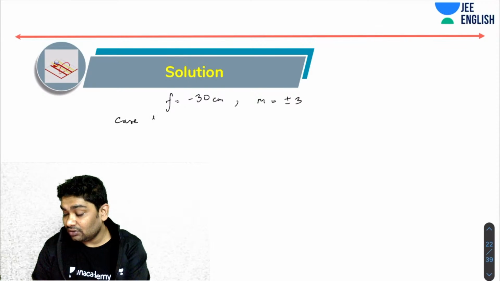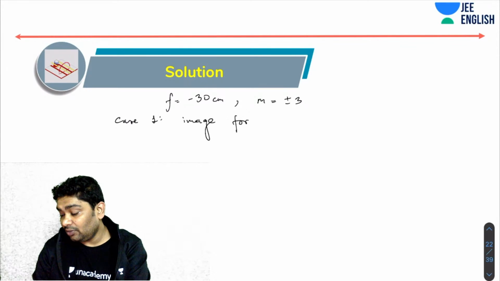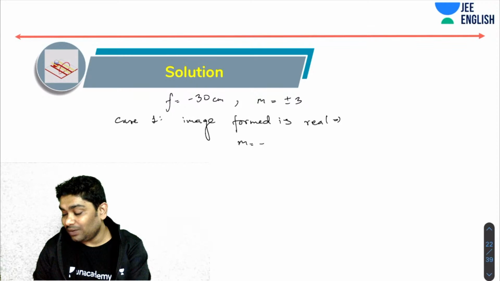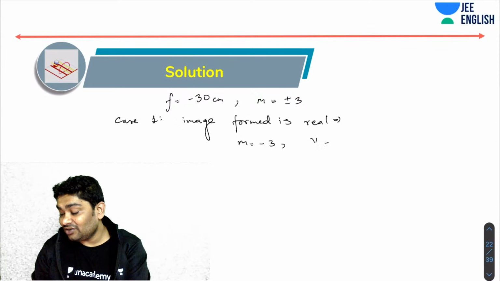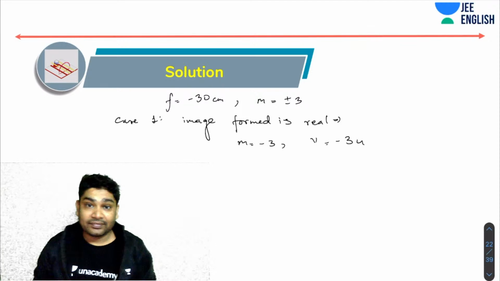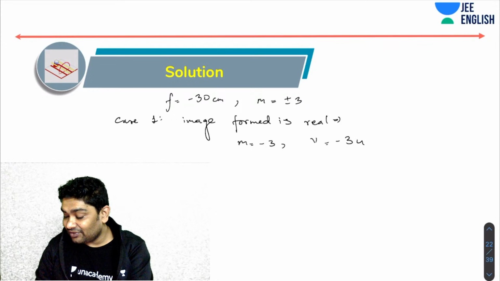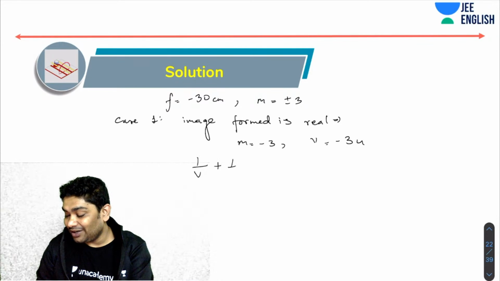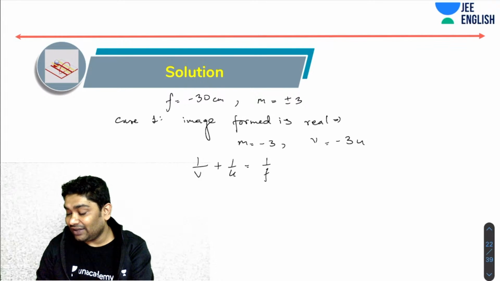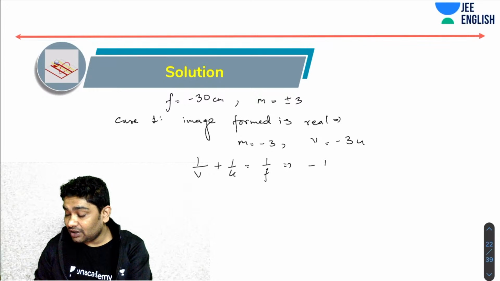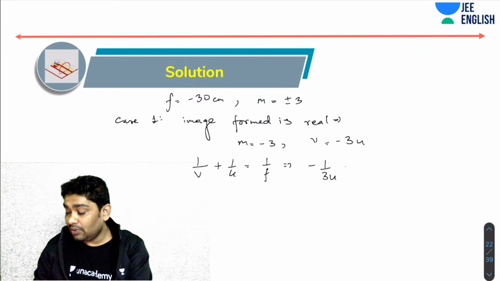Case 1, image formed is real. So in that case, M would be equal to minus 3. So I can say v equals minus 3u. Correct? So now what I can do is therefore 1/v + 1/u = 1/f, and that would have given me minus 1/3u + 1/u = 1/f.